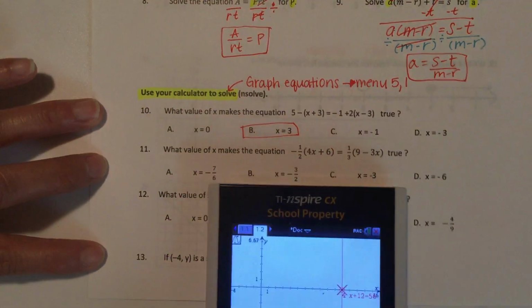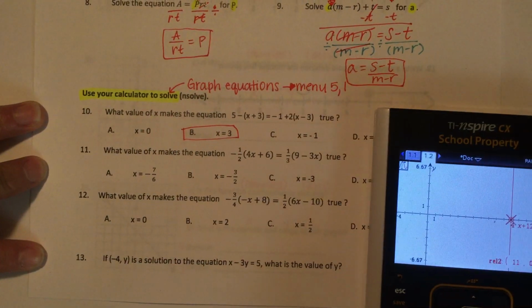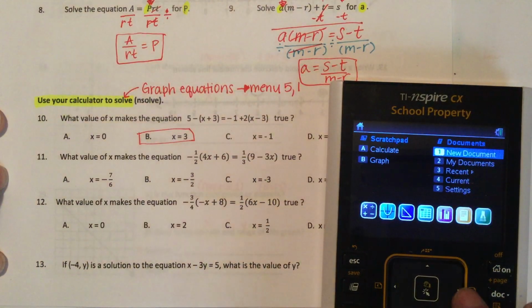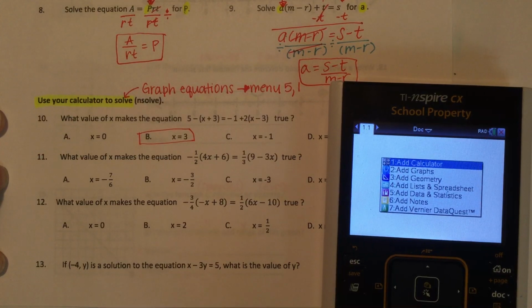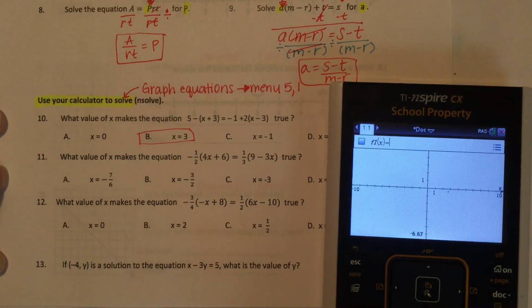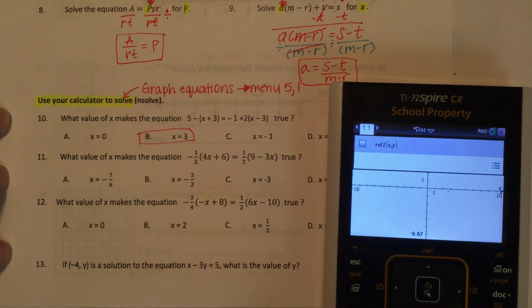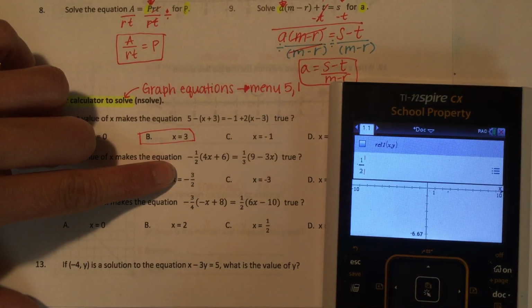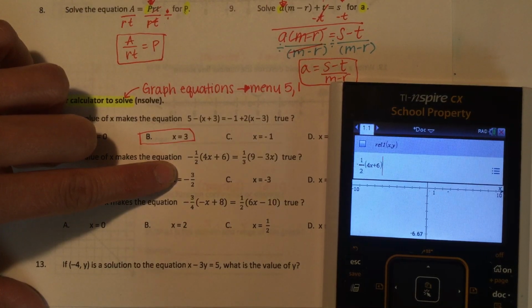On number 11, you are going to graph and find the solution in your calculator. Again, open up a new document, go to number 2 for add graphs, delete the equal sign, choose 6. Negative 1 over 2 parentheses 4x plus 6, close your parentheses, equals 1 over 3 parentheses 9 minus 3x.